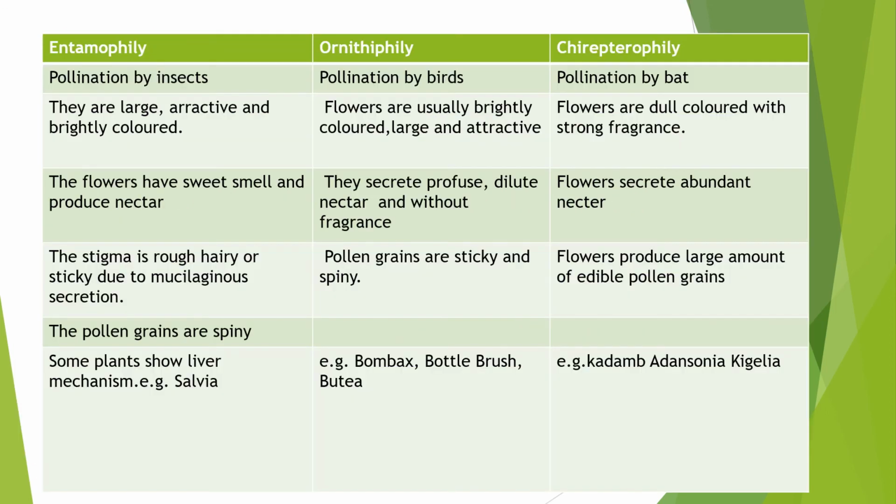The biotic agents are different living organisms. These are insects, birds, bats, snails, etc. Pollination by insects is known as entomophily. Pollination by birds is known as ornithophily, and pollination by bats is known as chiropterophily.